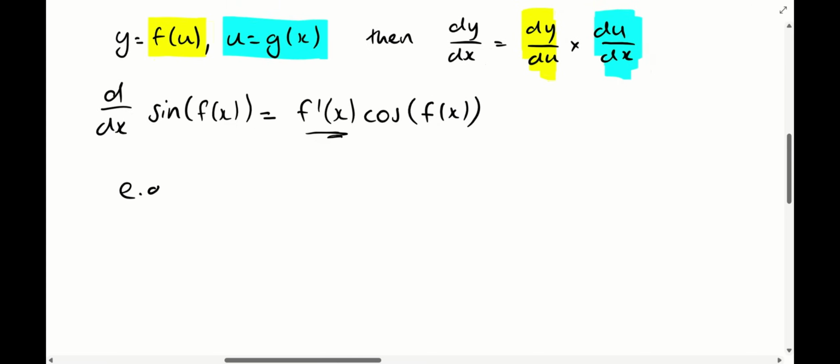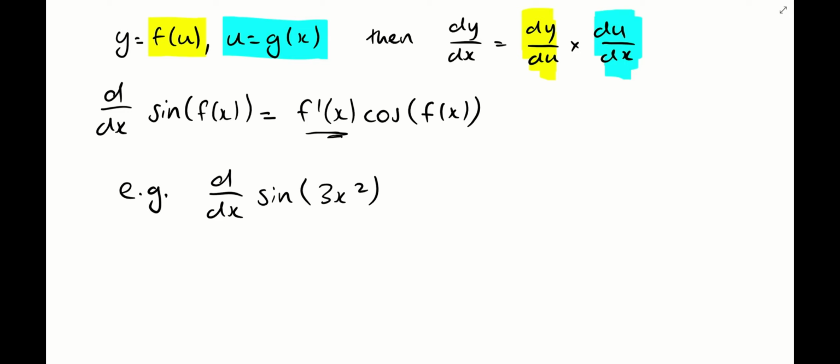So for example, we are asked to find the derivative with respect to x of sine of, say, 3x squared. Well, we can rewrite this function as sine of u, where u is equal to 3x squared.